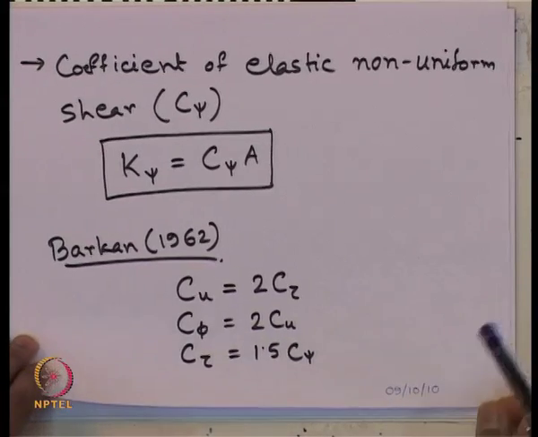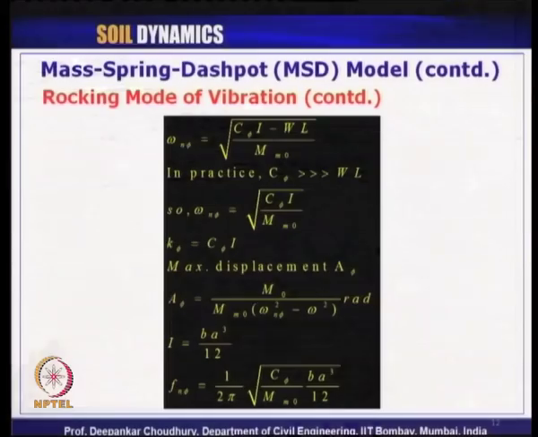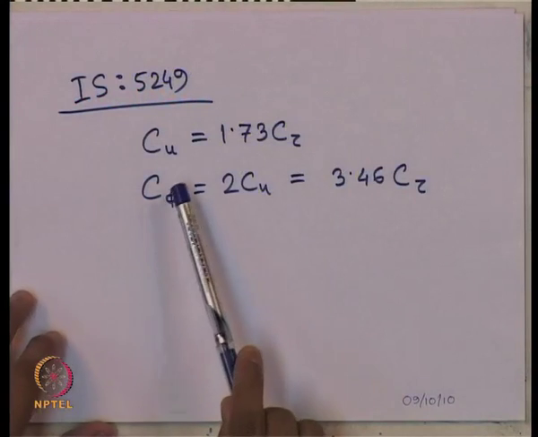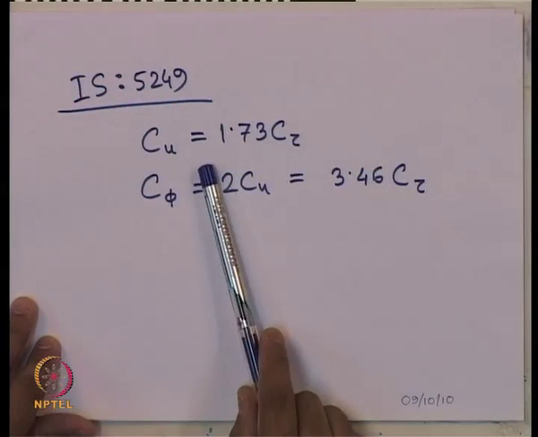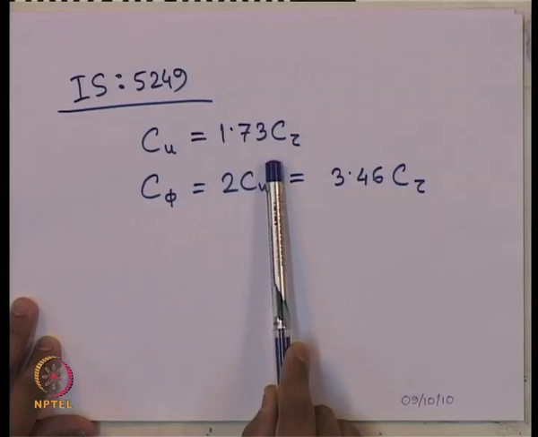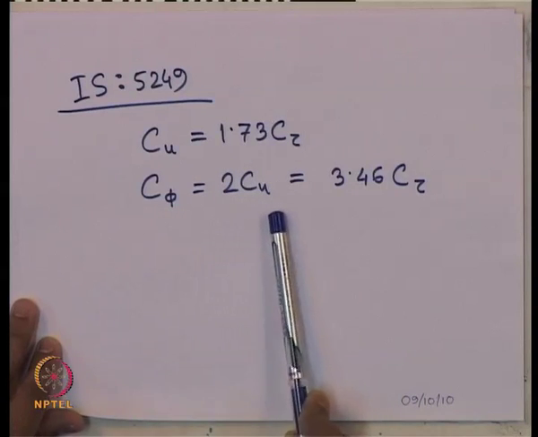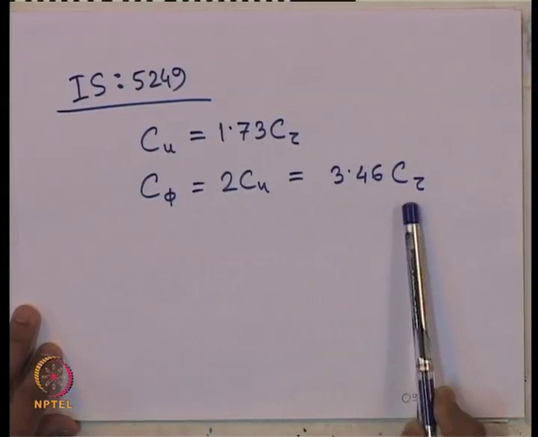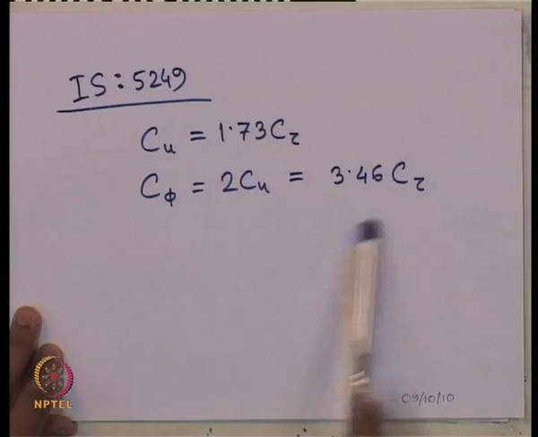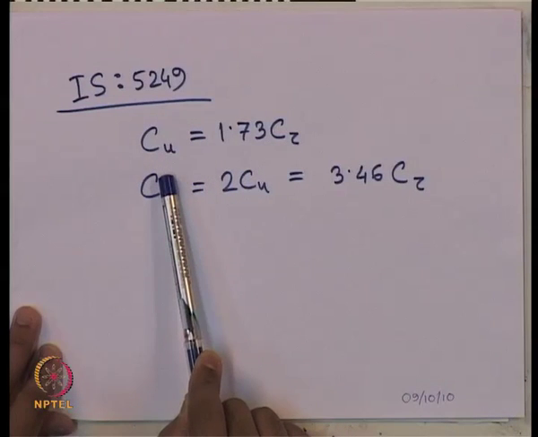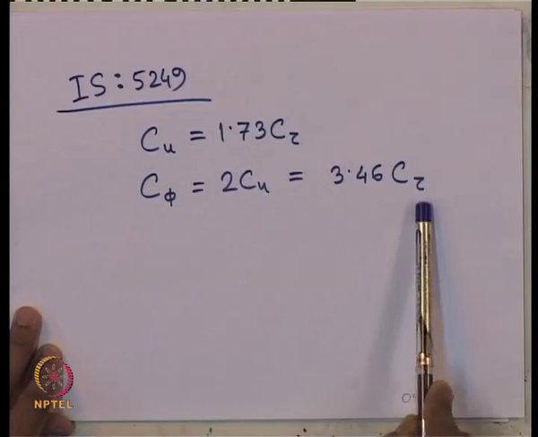This is given by Barkan, whereas our Indian standard code gives these expressions: Cu can be considered as 1.73 times C tau, and C phi equals 2 times Cu, which equals 3.46 times C tau. So, using these relationships, knowing Cu from the field test, we can get each of these coefficients.